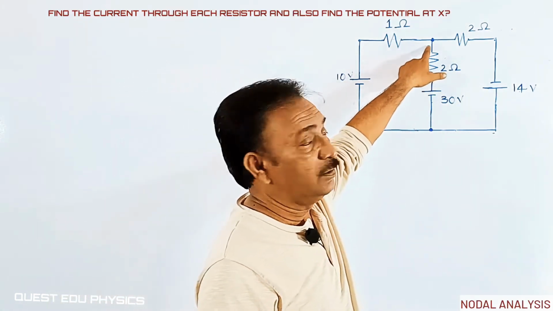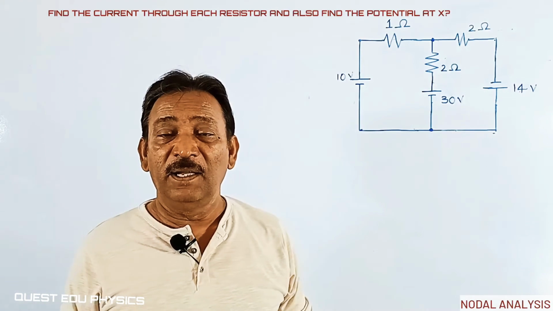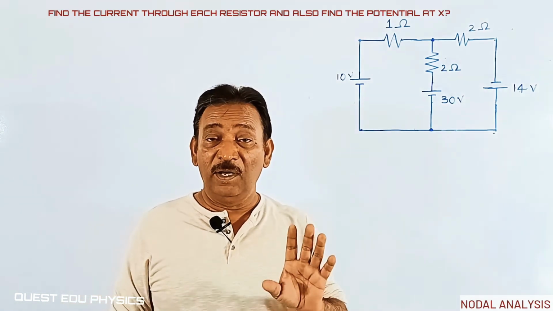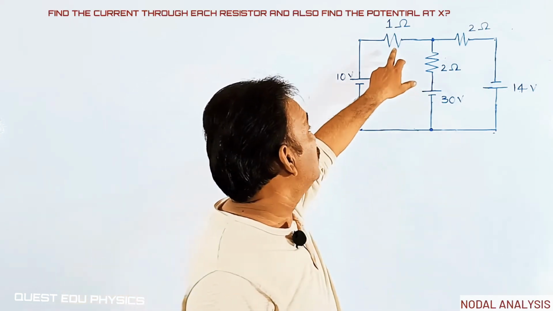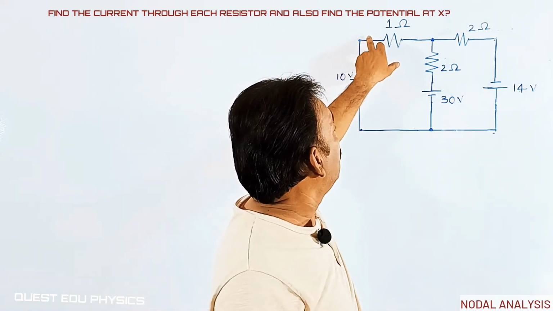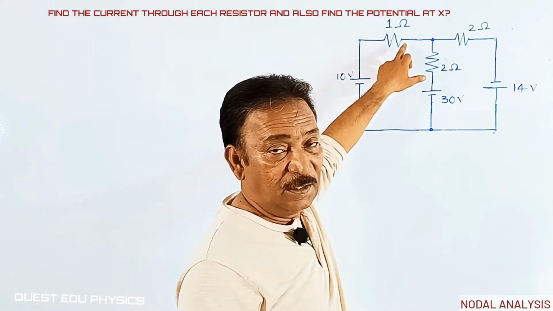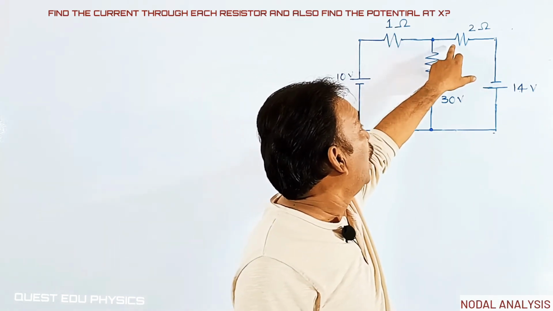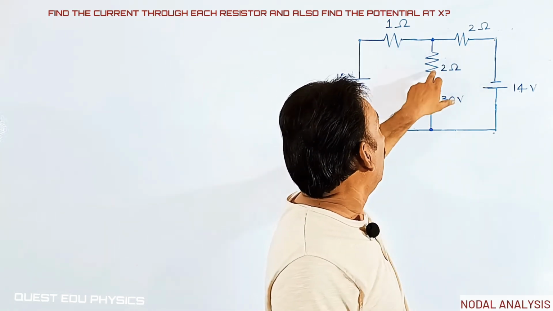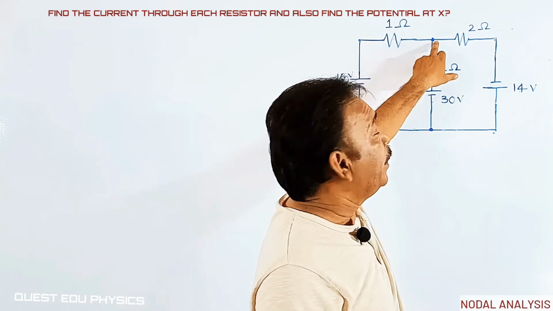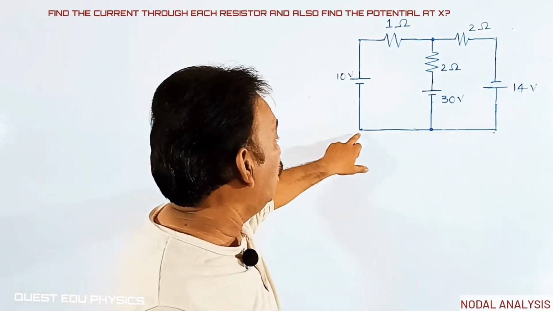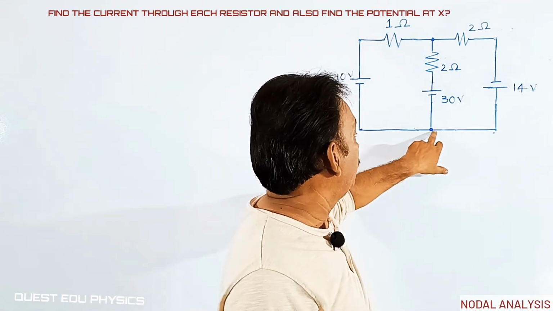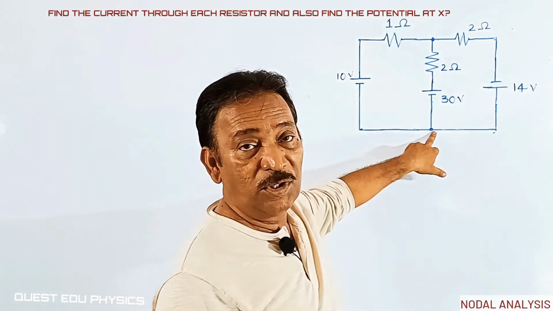A junction is a point where more than two circuit elements meet. Here the 1 ohm, the 2 ohm and the other 2 ohm resistors meet at the junction. We are taking that as the junction point. You can't get any junction here except here. Here it is one more junction.